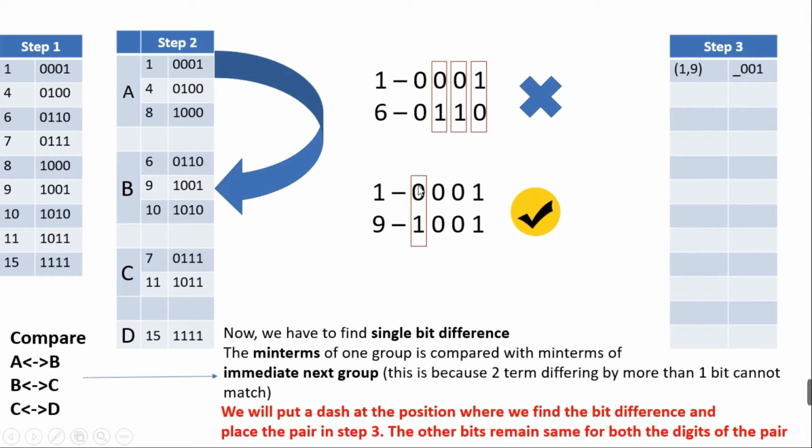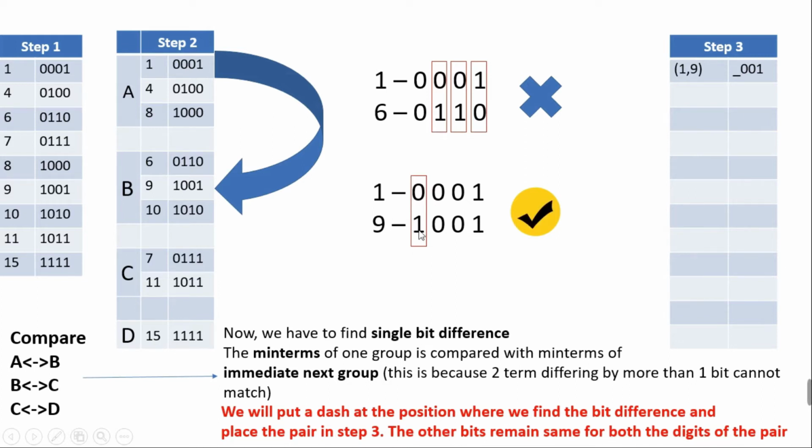Since this pair matches the condition of single bit difference, we took this pair and put it into step 3. And in step 3, you can see that there are some binary bits and a dash. So how did we actually put it? So here is the rule. We'll put a dash at the position where we find the bit difference and place the pair in step 3 as we did, and the other bits remain the same for both the digits of the pair.